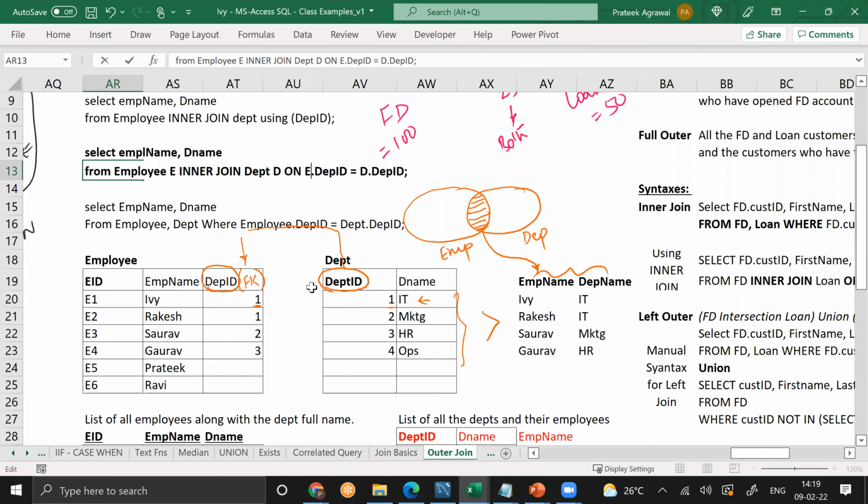Yes, I'm trying to wrap my head around this code. Maybe simple, Faisal. Let's say you don't understand what is going on in here. I find the last one much simpler. Select this one, because this is more manual. So from table 1 comma table 2, where table 1 dot common column equals table 2 dot common column.